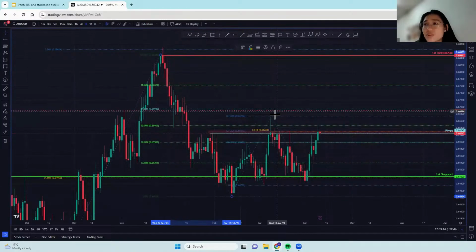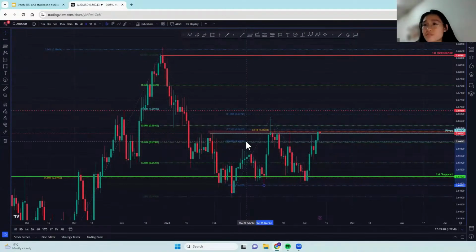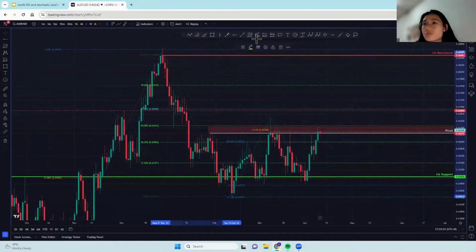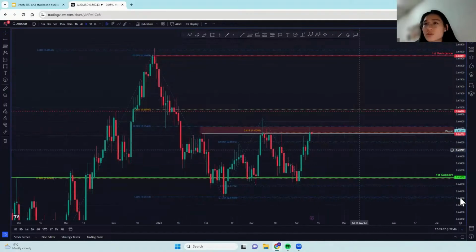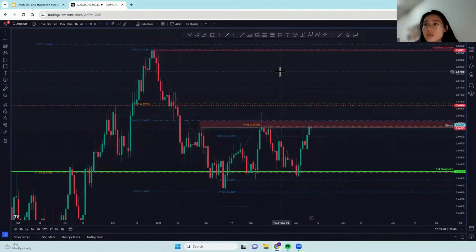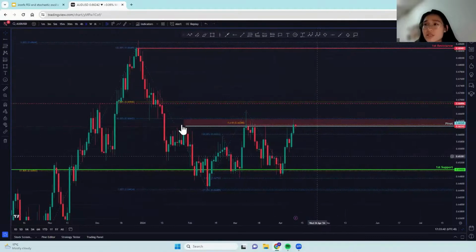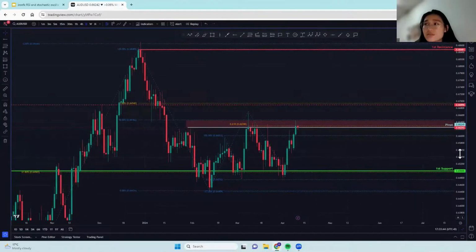There you can see my 61.8 also lines up with that area, and my 50% actually as well. So I'm just going to keep those two. Here we're definitely going to expect to see some resistance in this area.